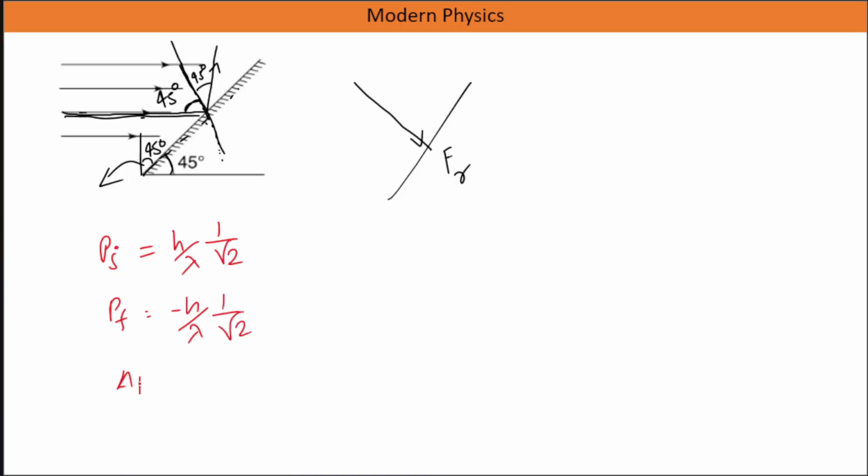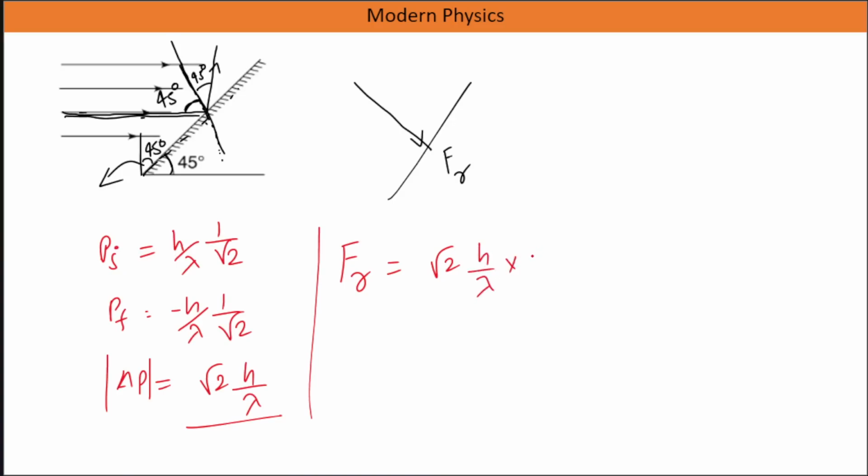Change in momentum, delta p modulus, will become 2 into this one, so that will be root 2 h by lambda. Now what will be the force acting? The force acting will be root 2 h by lambda into 0.8 n, because this is the number of photons striking per second.